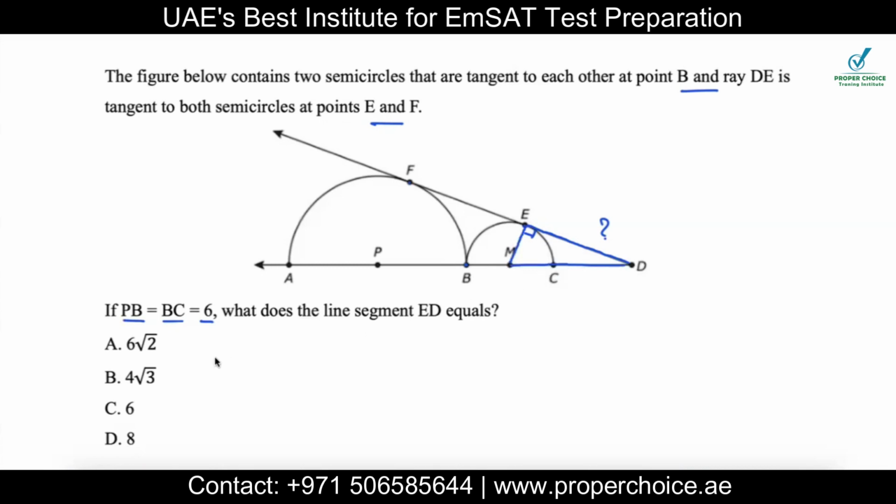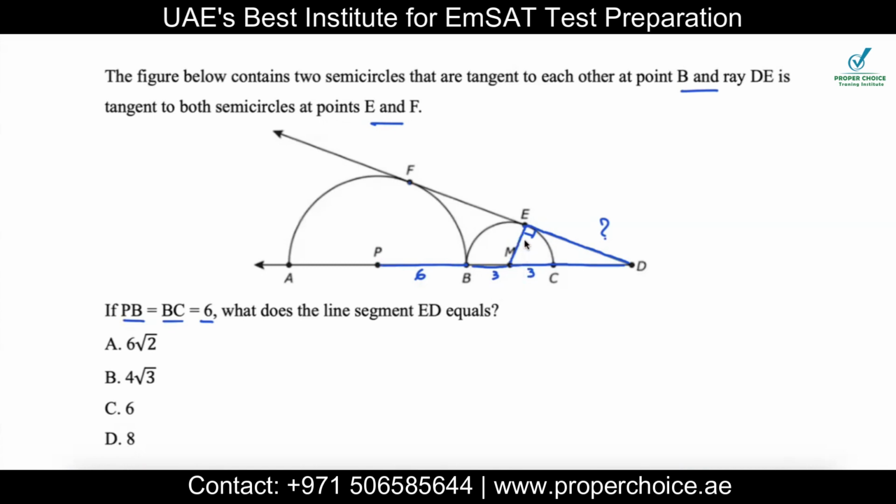So how do we find the length of MD? Let's solve this. As they have already given, PB is the radius of the larger circle, which is 6, and they also said BC equals 6. BC, the total length, equals 6, so BM is 3 and MC is 3.